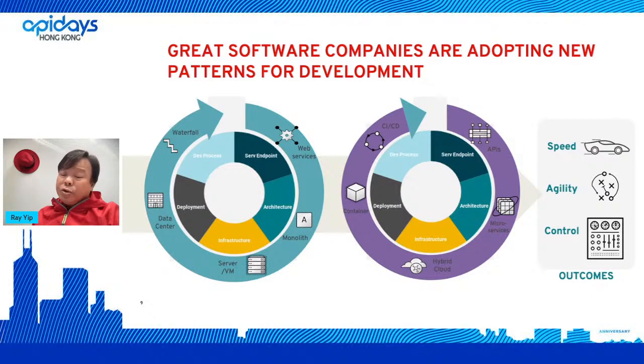And also, the digital transformation to become a great software company requires multiple steps. For example, in this slide, you can see the change from waterfall development to CI/CD, which is continuous integration and continuous deployment, and from deploying into the data center to deploying into the cloud for infrastructure.